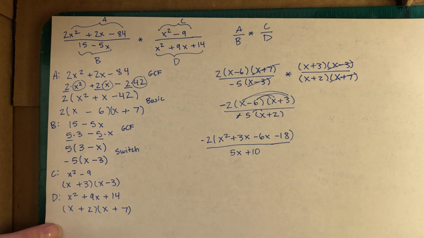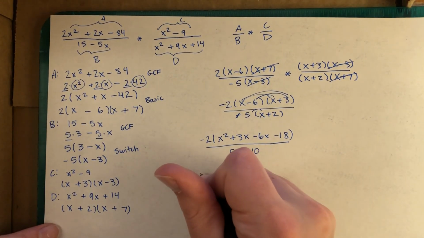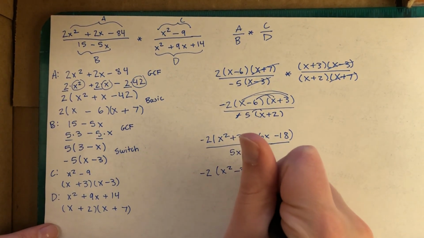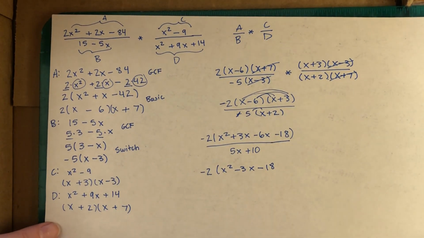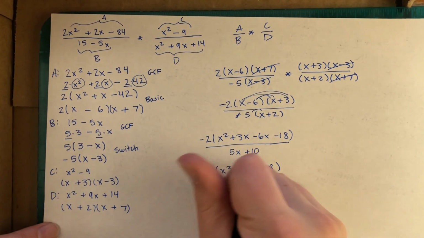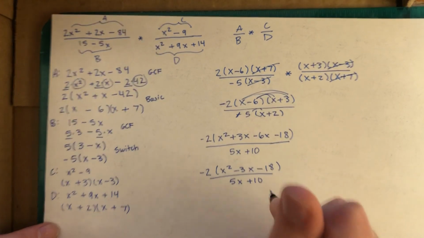Oops, there we go. Now I will combine like terms here and distribute this. So I have negative 2 times x squared minus 3x minus 18 over 5x plus 10.